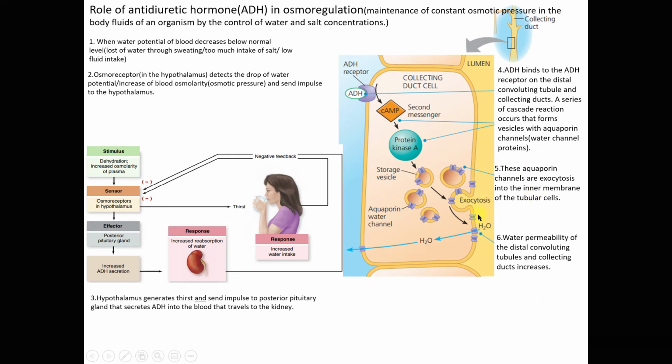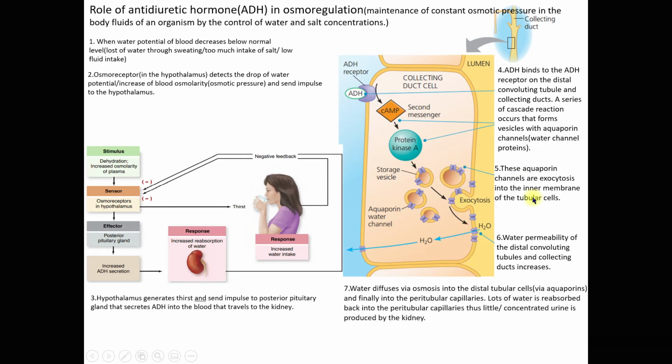So what happens after that? The presence of this aquaporin channel on the inner membrane of the tubular cells will cause the water permeability of the distal convoluted tubules and collecting ducts to increase. So when water permeability increases on the inner membrane of these tubular cells as well as the collecting duct cells, what happens?